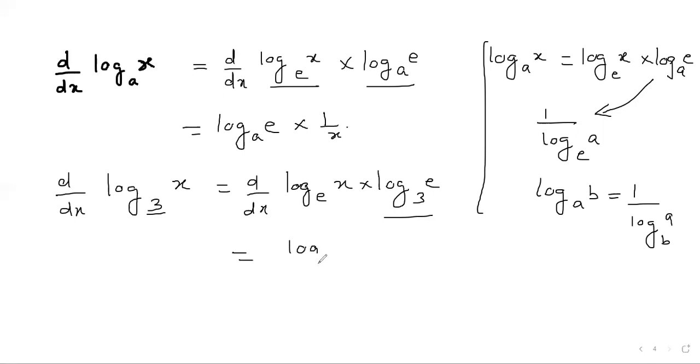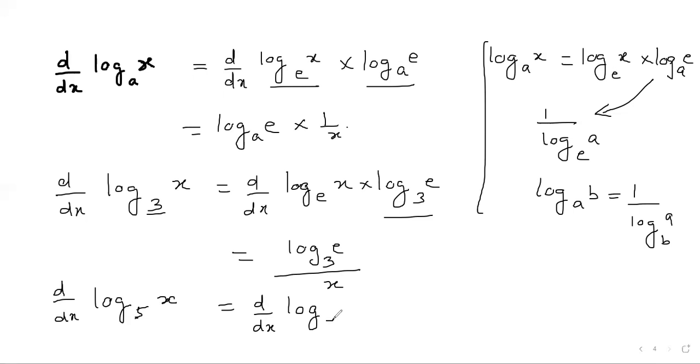So our answer will be log e base 3 divided by x. d upon dx of log 5x. Here, log x base 5, so this must be converted to base e. So d upon dx of log x base e times log e base 5. That will be equal to log e base 5 divided by x.